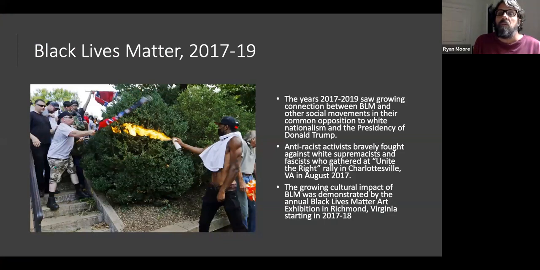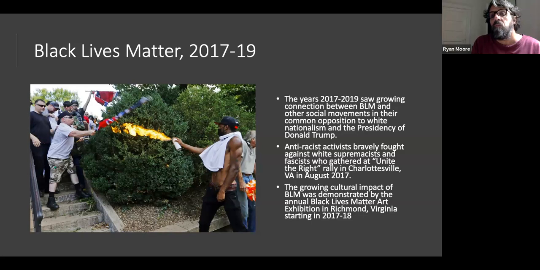The next couple of years are seeing this growing connection where Black Lives Matter and other social movements are connecting in their common opposition to white nationalism and the presidency of Donald Trump.